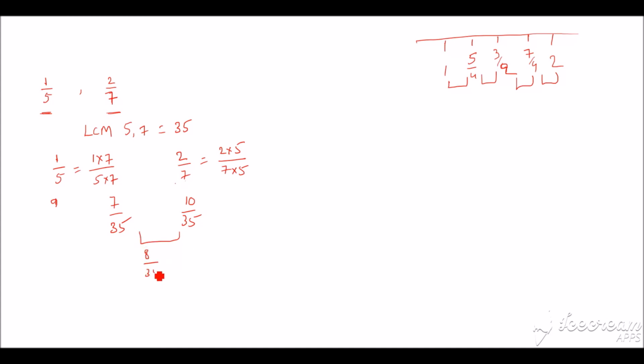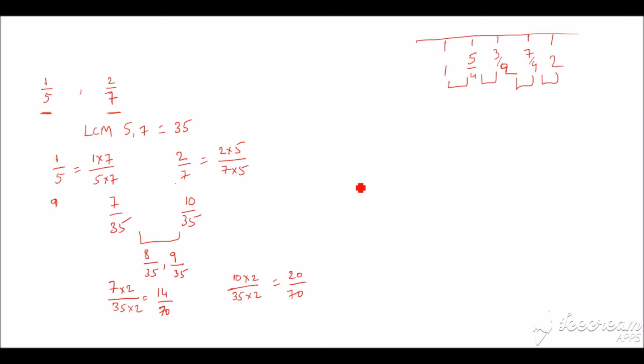In between 7 by 35 and 10 by 35, 8 by 35 and 9 by 35 are there. But if you want to find more rational numbers, take a number and multiply both rational numbers. Suppose we multiply by 2, 7 into 2 by 35 into 2 and 10 into 2 by 35 into 2. So this is 14 by 70 and 20 by 70.